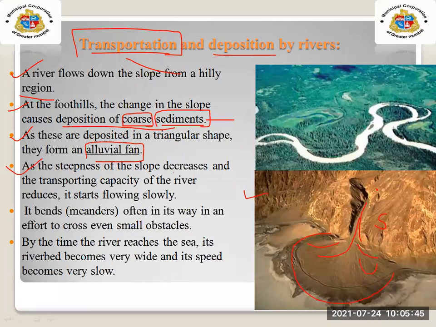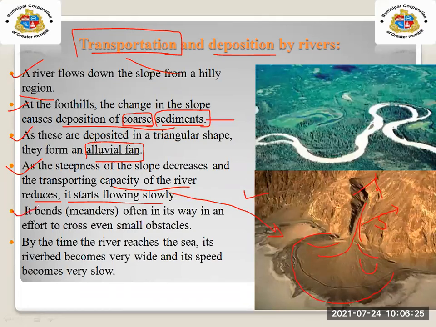As the steepness of the flow decreases and the transporting capacity of the river reduces, it starts flowing slowly. When it is at the top of the mountain or hill, the speed of the river is fast, but when it comes down the slope, the speed decreases and the transporting capacity of the river reduces.